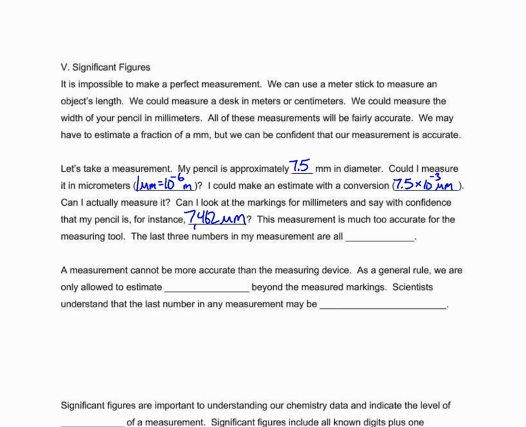I have 1,000 markings on this meter stick. They go down to millimeters. But each one of these tiny millimeter markings would need to be divided 1,000 times for me to get a good measurement like this. So what we would say about this is that my measurement is much too accurate for the measuring tool.